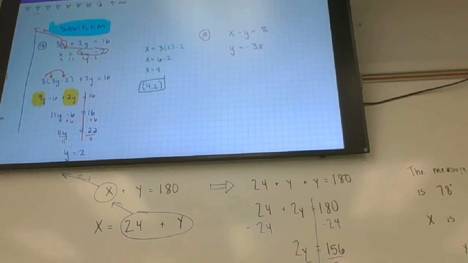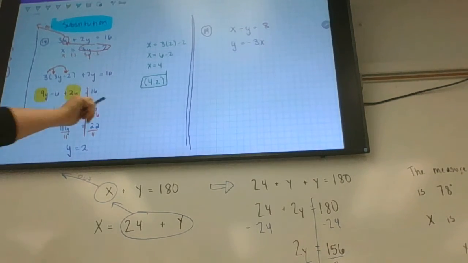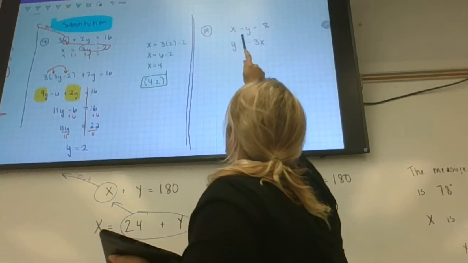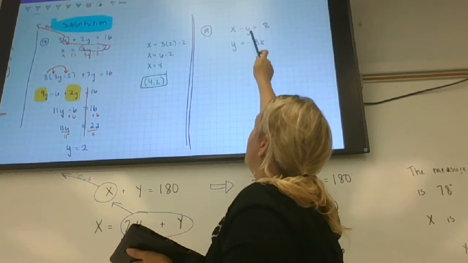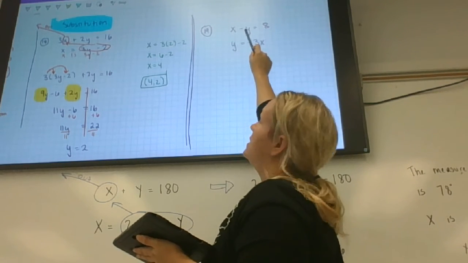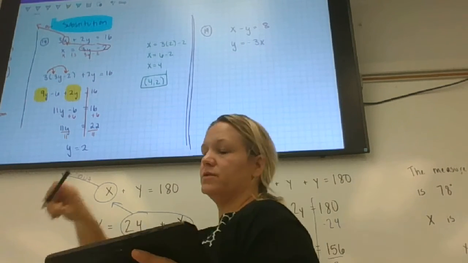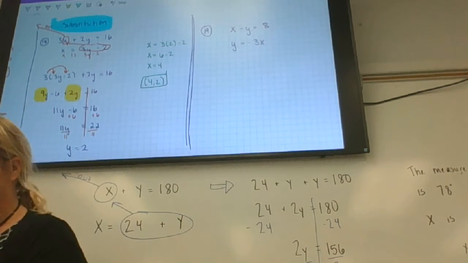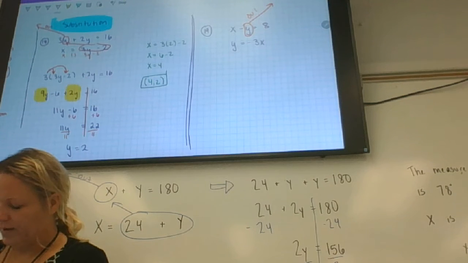So every problem presents a little bit differently. This one tells me what y equals. Y is negative 3x. Since this is a y, I'm circling this y and taking it out, and I'm putting this in. A lot of students are going to make mistakes on the signs here, I bet. You're out.